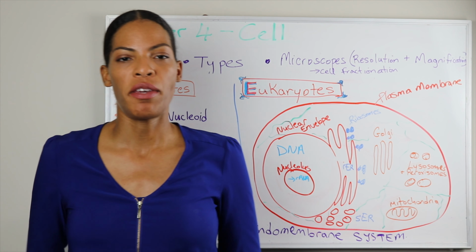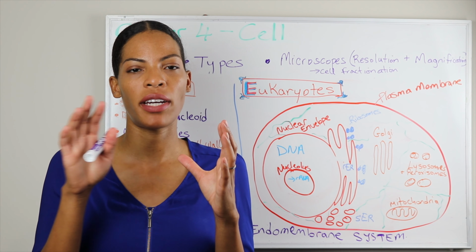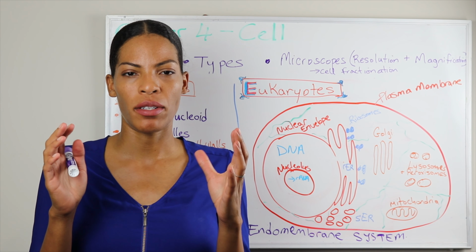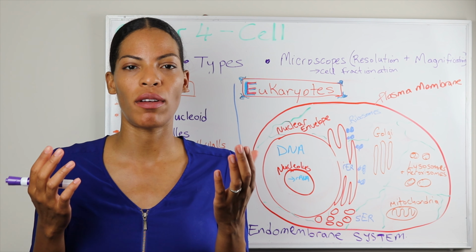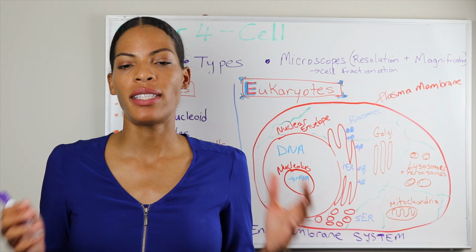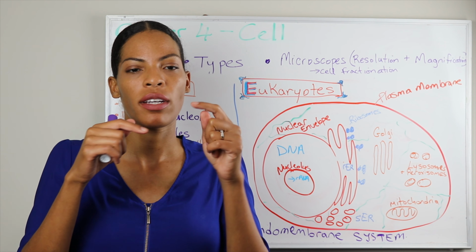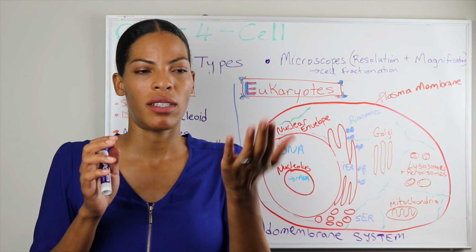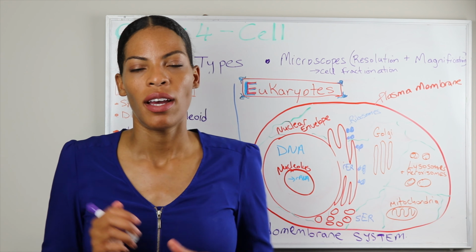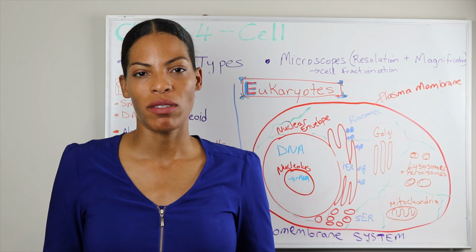Let's say you magnified something and you really can't see very clearly in that picture what's in it. It just looks like a blur. That would be an example of low resolution. But let's say you magnified something and you can see all kinds of smaller structures and they're well defined, and you couldn't see them at all when it was smaller and less magnified. That would be an example of better resolution.